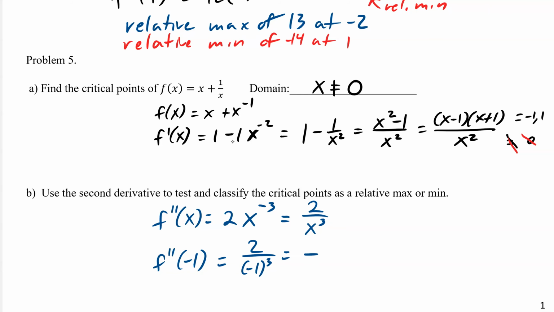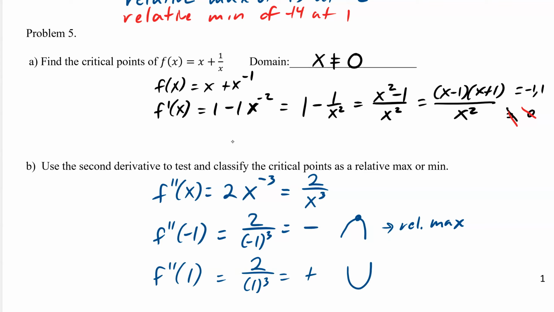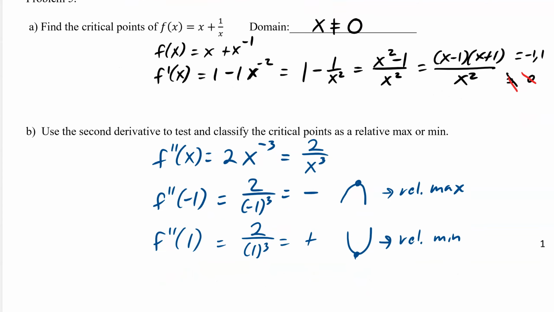And so that is negative, which means we are concave down, which means we have a relative max right there. And then we do +1, which comes out positive, which is concave up. So we have a relative min.